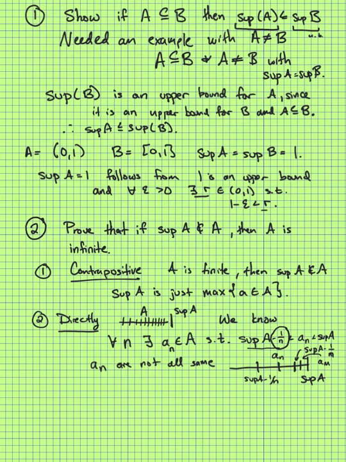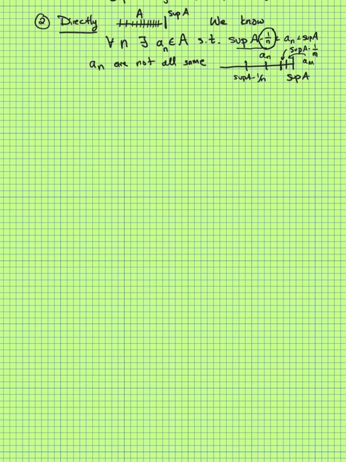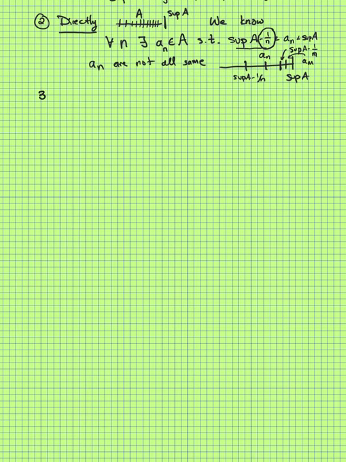Okay, so let me do part 3, which is going to be pretty quick, I think. So we want to construct a sequence of open intervals A_n and B_n that intersect in a closed interval.